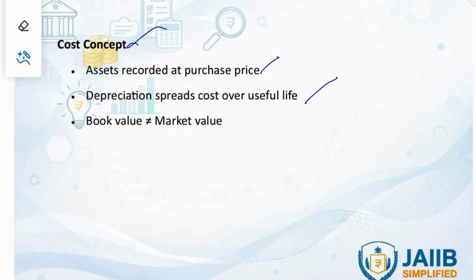After some time, with depreciation, the value of the good changes. So, the depreciation allocates cost over time but does not reflect market fluctuations. Okay, book value is not equal to market value of an item. This is called cost concept.